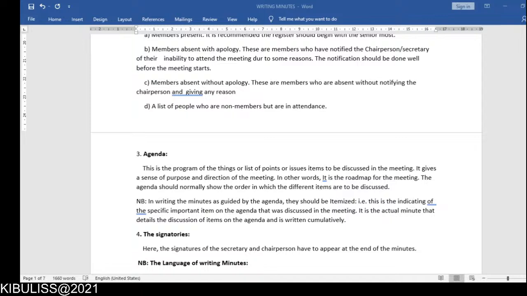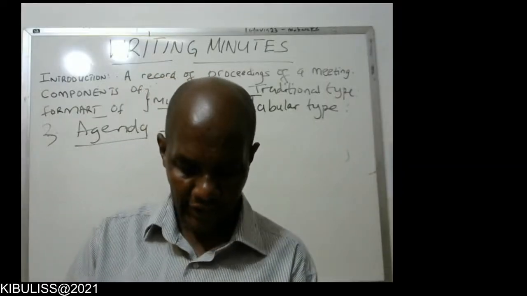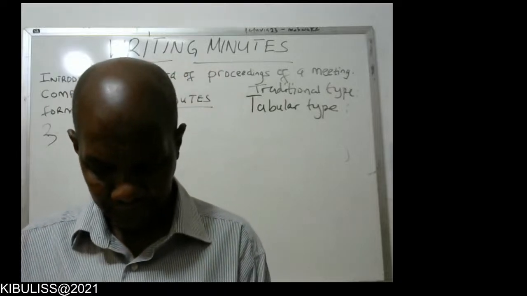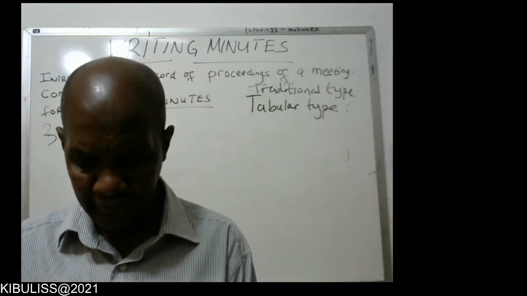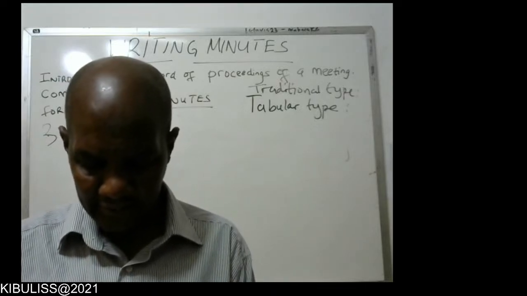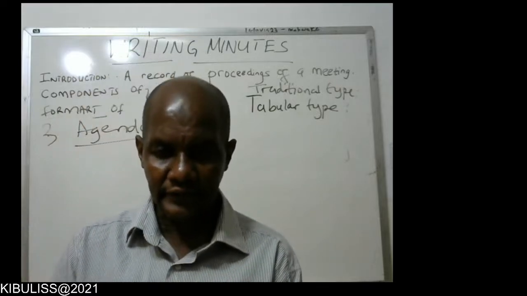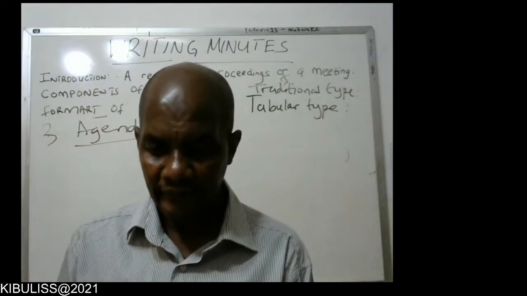And it normally shows the order which you are going to follow. Where are you starting from when the meeting begins, and where are you going to end? This agenda normally is developed by the secretary of the meeting, but he or she does not do it alone.